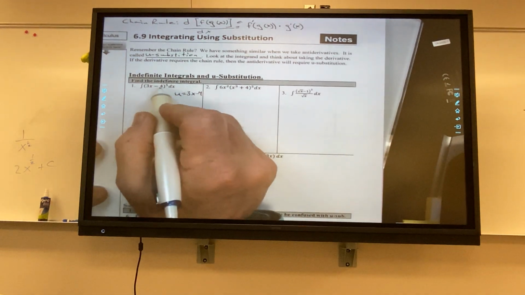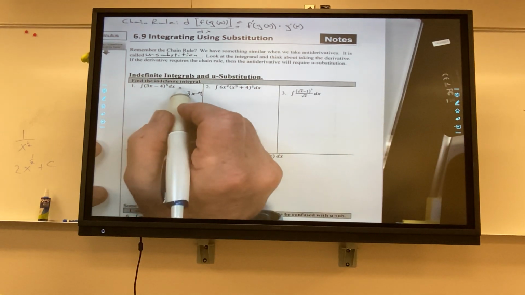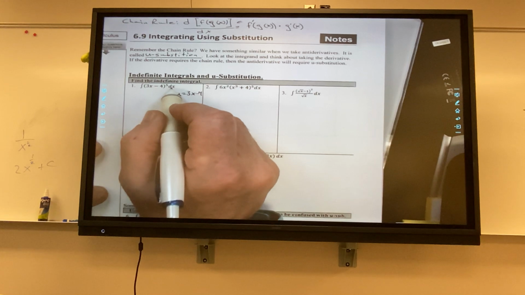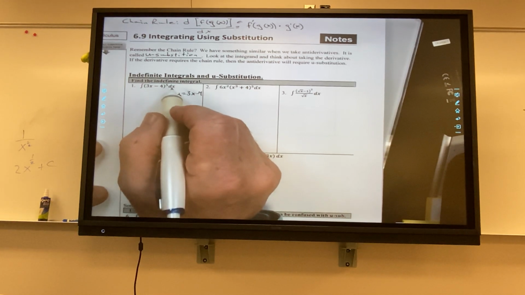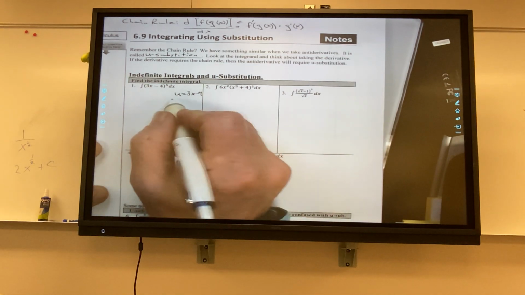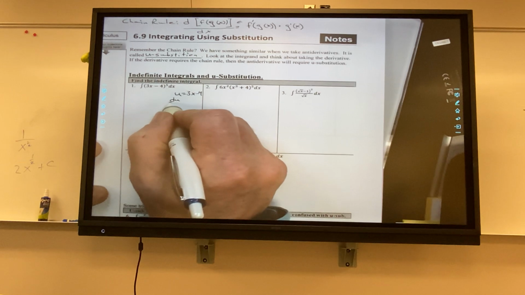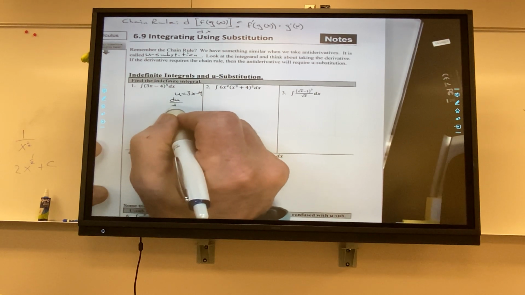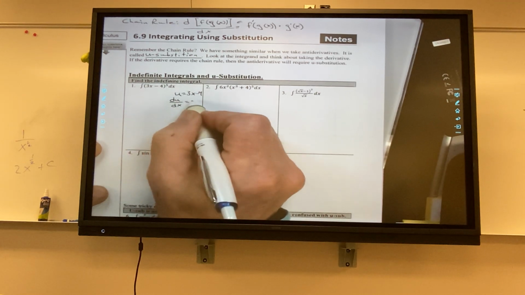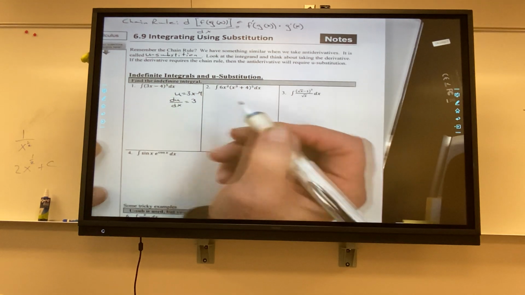Now, I'm going to put this whole integral in terms of U. That means I have to find something to replace the dx with because it's not in terms of U. I have to find out what dx is equal to in terms of U. How do I do that? I take the derivative. So the derivative on this side is going to become du dx. And over here, if I take the derivative, I get 3.